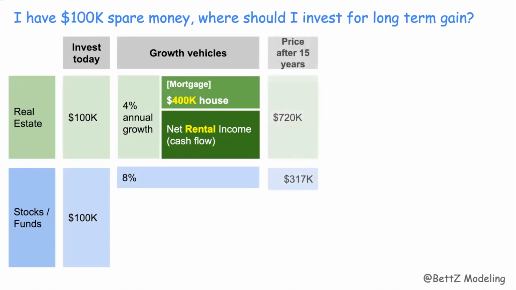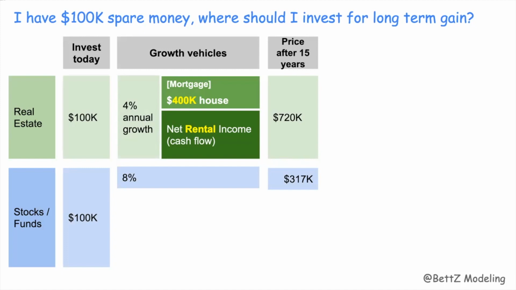15 years later, you decide to sell the assets. Assuming you took a 15-year loan here, with a 4% compounded growth rate, the 400K house price will be 720K. With 8% annual growth in stocks, your asset will grow from 100K to 317K. Seems much better growth in stocks, right?